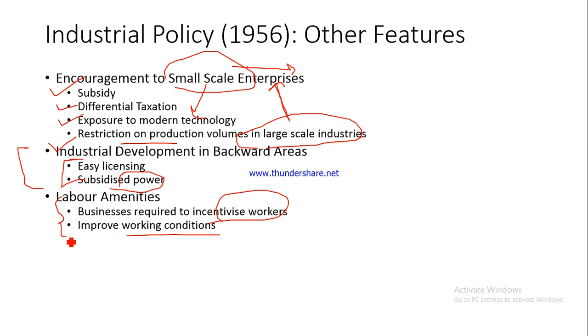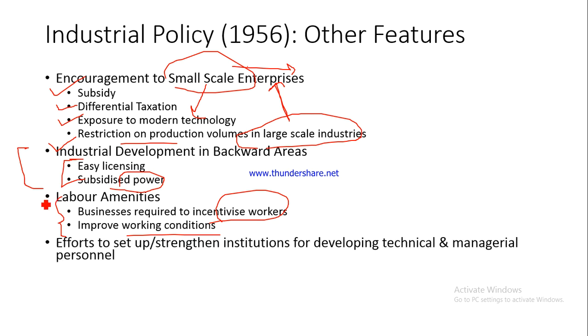The management would always dominate them. So government said that we would be assisting the workers so that they may be equal partners with the management. So that was the whole idea, and that was why there was a provision regarding the labor amenities as well.